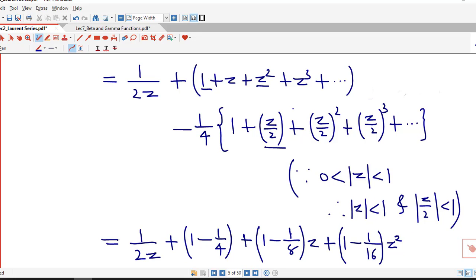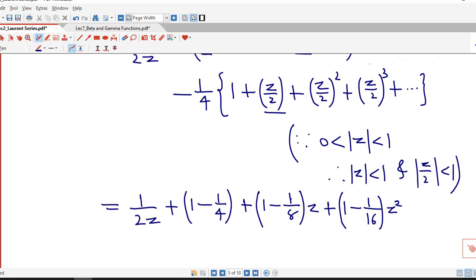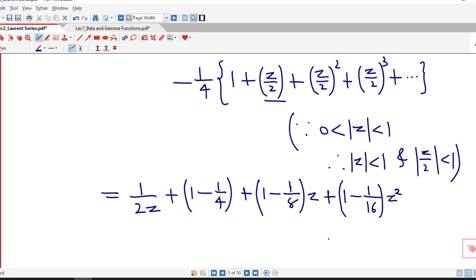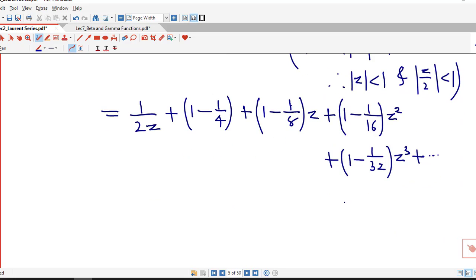We can write one more coefficient for z cube. Here we have 1, and here this is 8 into minus 1 by 4, so that is going to be 1 minus 1 by 32 times z cube, and so on. And this is valid for 0 less than absolute value of z less than 1.